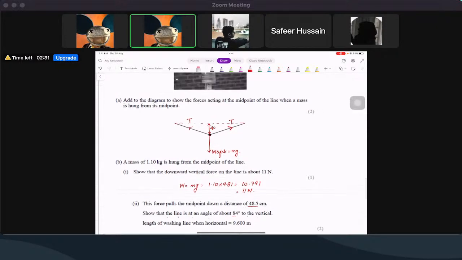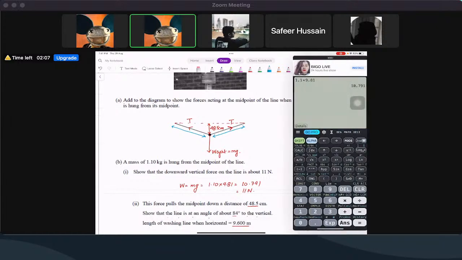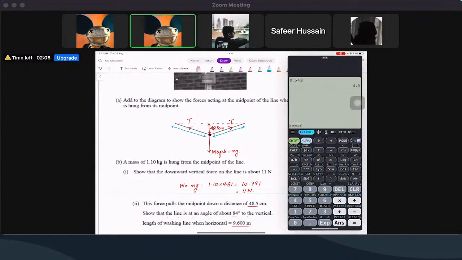Do you guys understand this? Also, they say that the length of the line is 9.6 meters, and because it was hung from the midpoint, this length and this length would each be half of 9.6, right? So I'm going to write 9.6 divided by 2. So this is 4.8 meters and this is also 4.8 meters.